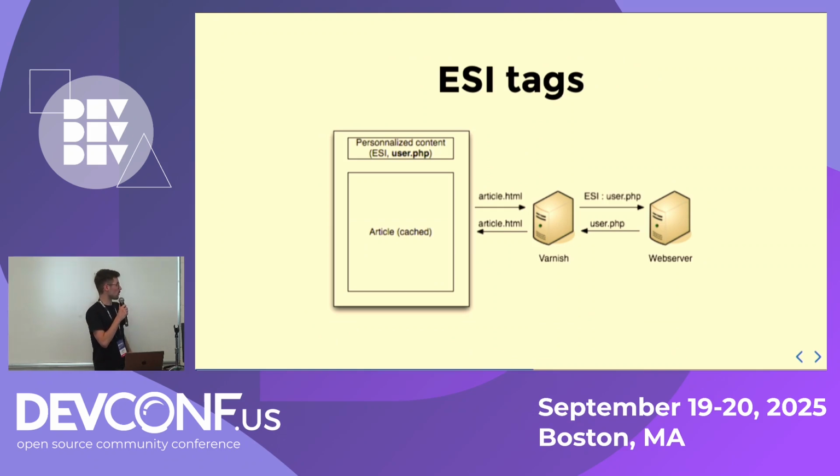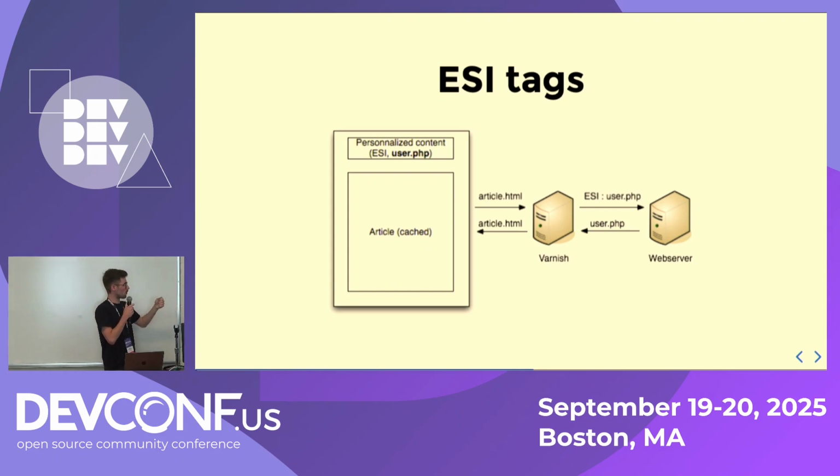You also have ESI tags. That is a way to load multiple parts of a website and let your proxy handle the computation for you. So here I'm asking for article.html.